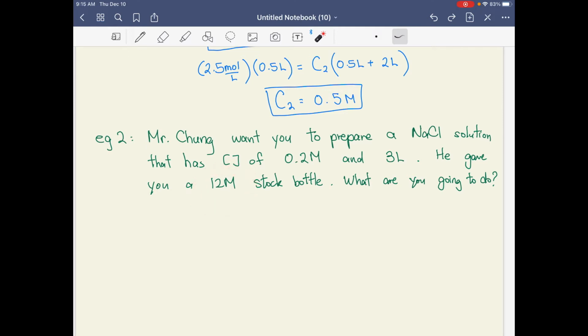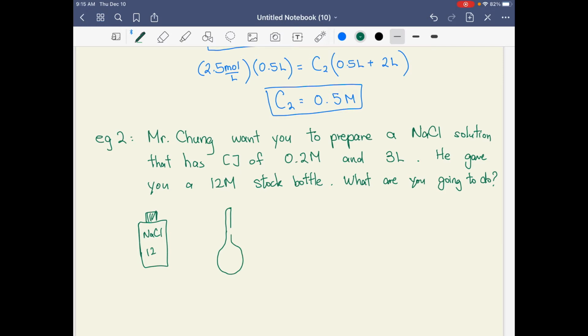The question is, what are you trying to find? So sometimes what I like to do is I like to draw this. And so here's a stock bottle. Okay, here's a stock bottle. And it's NaCl 12 molar. And somehow you need to make, let's draw for it, usually you make it in a volumetric flask.